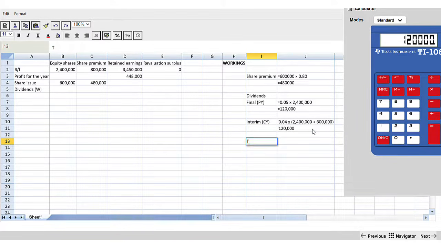So then my total dividend is 120,000 plus 120,000, which is 240,000. So I'm just showing the working.